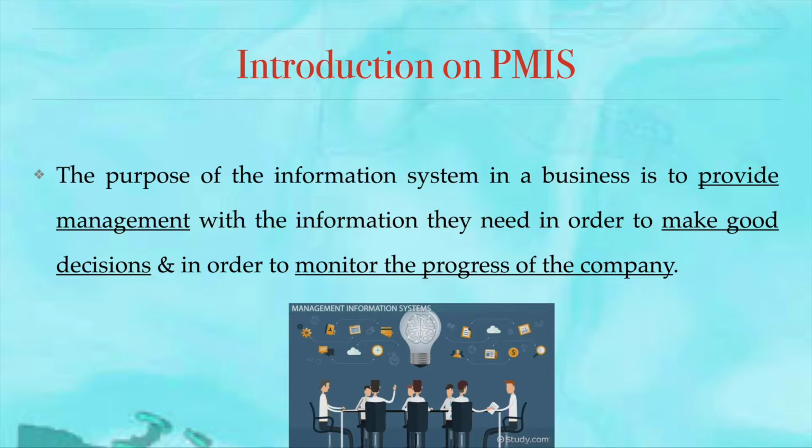So let's understand. The purpose of the information system in a business is to provide management with the information they need in order to make good decisions and to monitor the progress of the company.